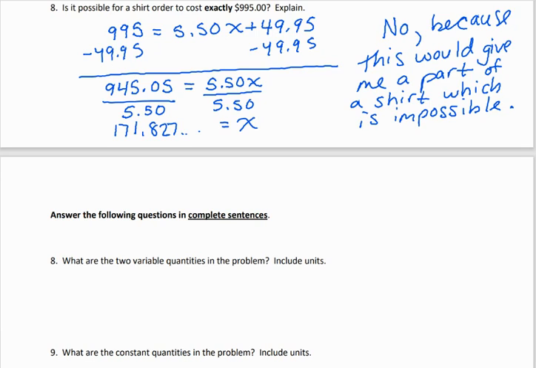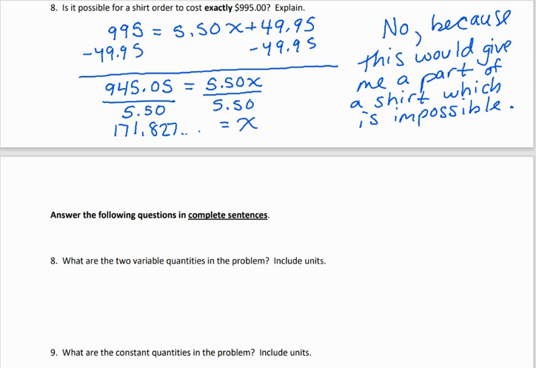But the last part is what we keep on trying to nail down, and that's understanding the difference between our variables and our constants. Our variables should be very easy for us to identify at this point because we've continued to keep writing them, right?